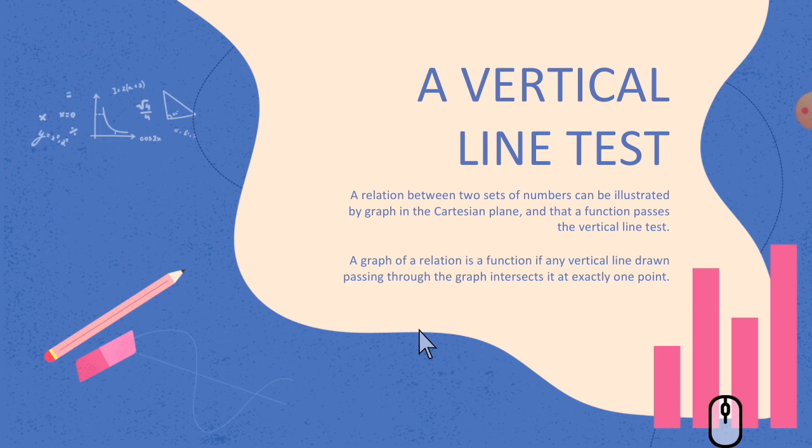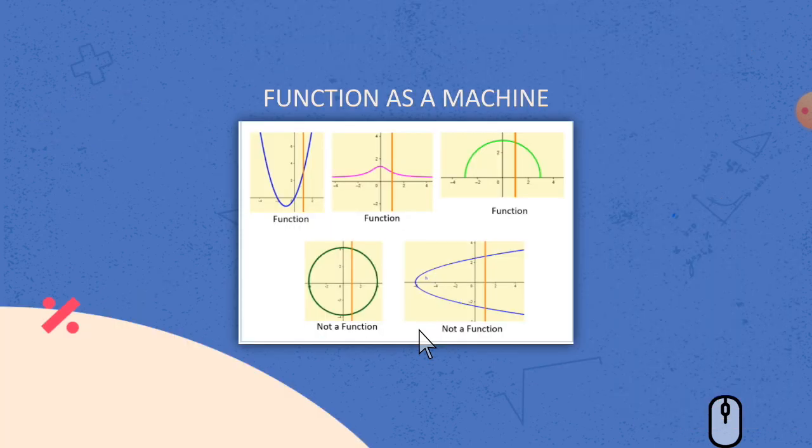So let's try to look at our example. Okay, sorry, that is not a function as a machine. Okay? Dito pansin natin yung ating graph. So itong line na ito yung tinatawag natin na vertical line test.